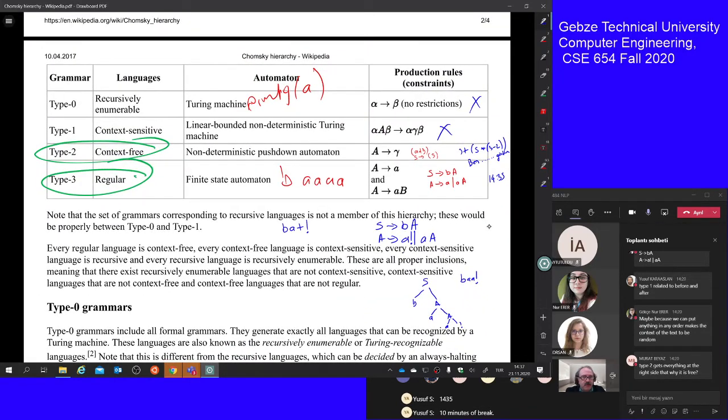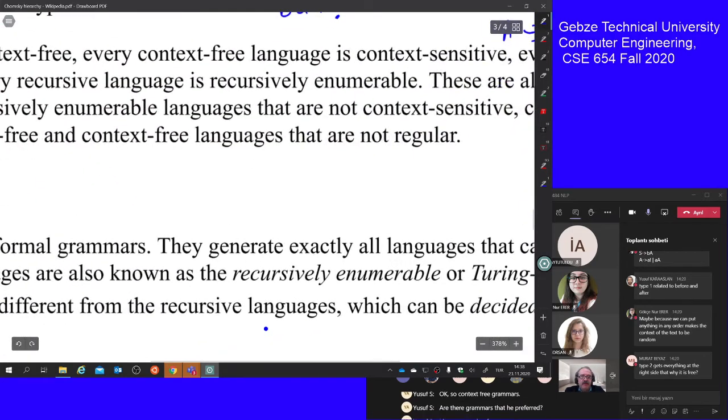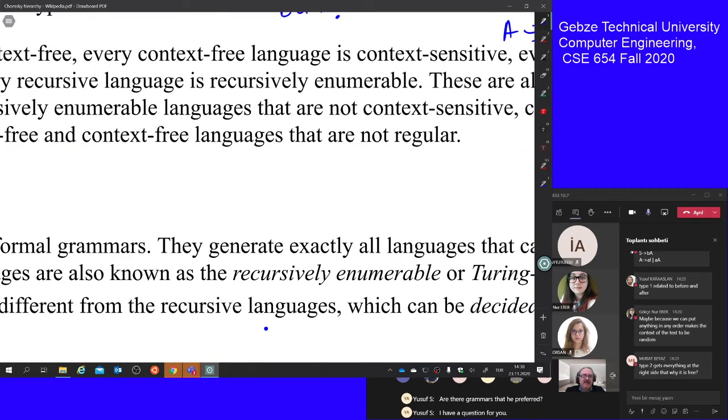Okay, so context-free grammars are the grammars that we prefer. I have a question for you. When we say that our formal languages such as C or Java, we express them using context-free grammars.